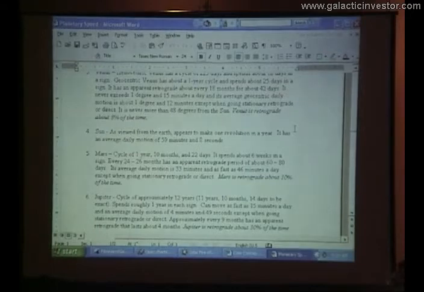So the inner planets are triggers for reversals. Any time there's an exact aspect between planets during the day, that can trigger a reversal around that time. The inner planets are faster moving. They apply to aspects to the slower moving planets, and they give you the days for reversals. The moon gives you the time for reversals during the day.